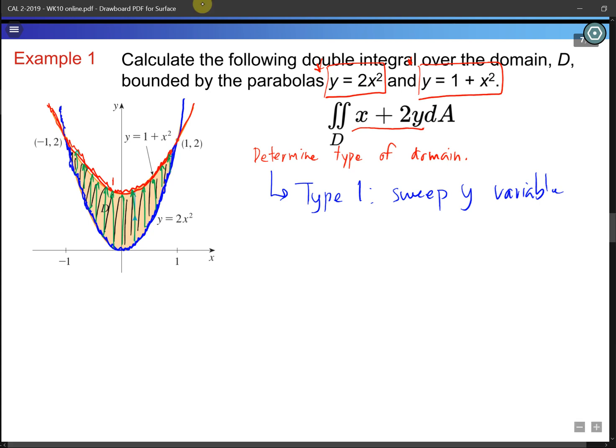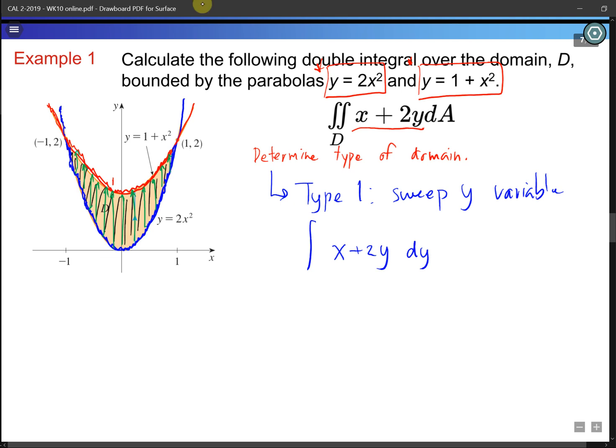Okay, so let's set up the integration. So we have this x plus 2y, and then we need to integrate with respect to y first. Alright, now we need to specify the beginning and the end.